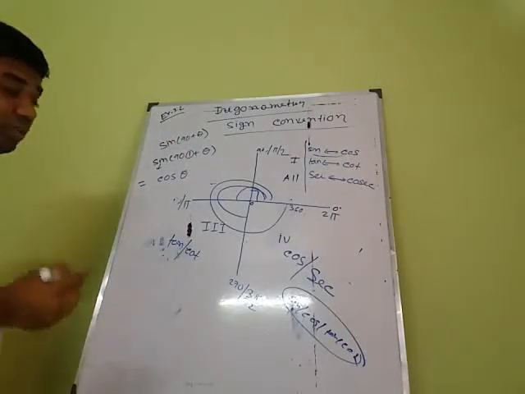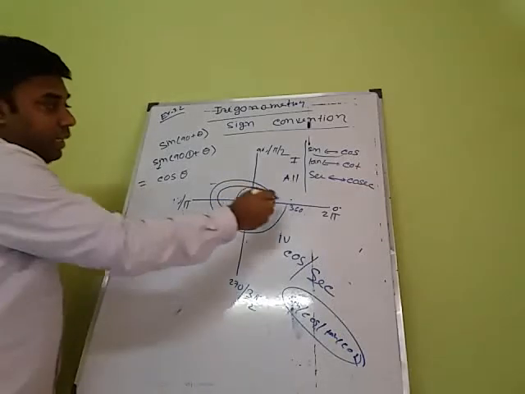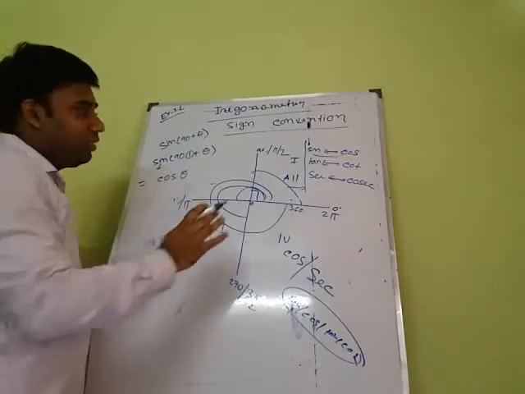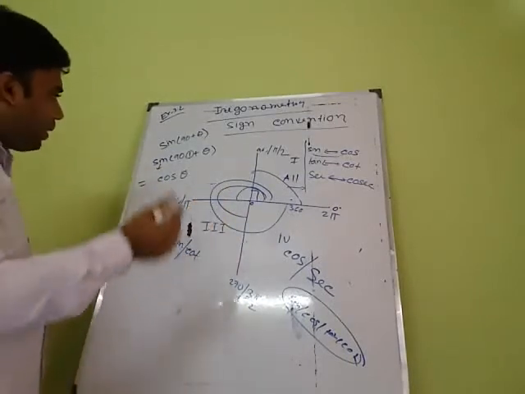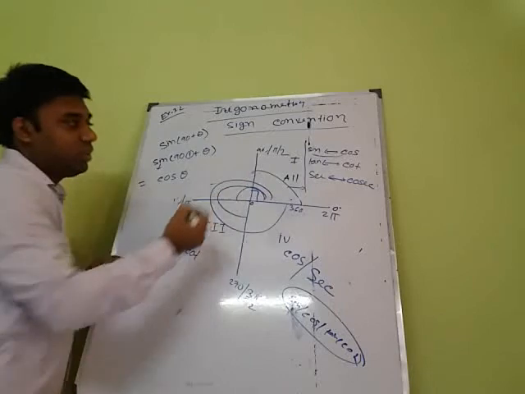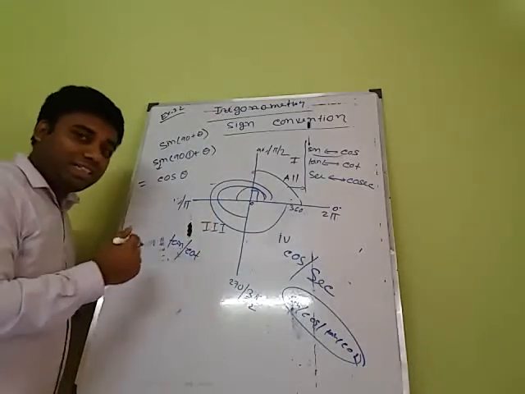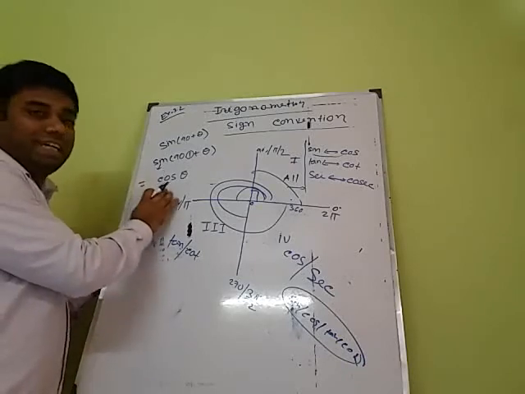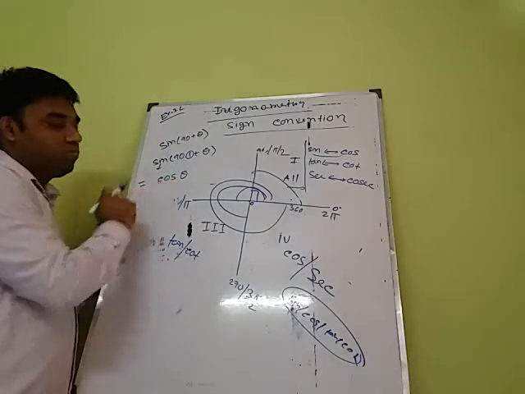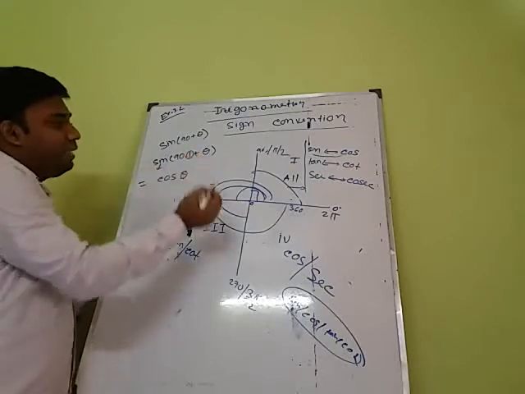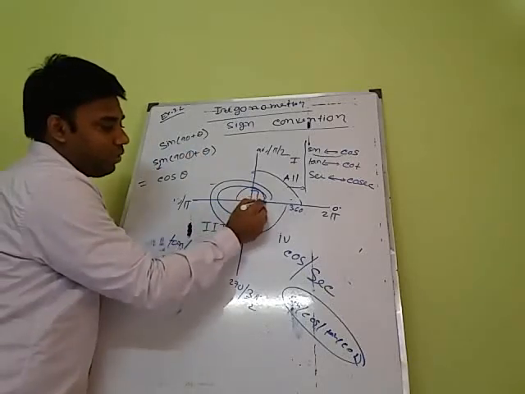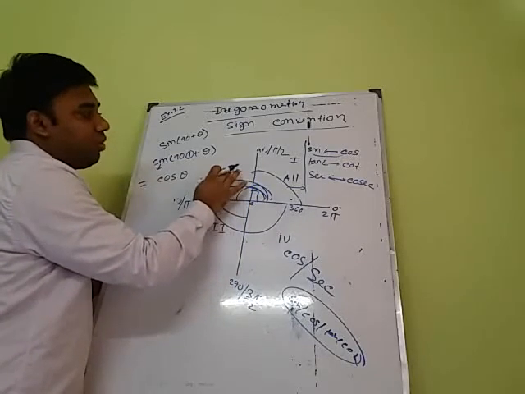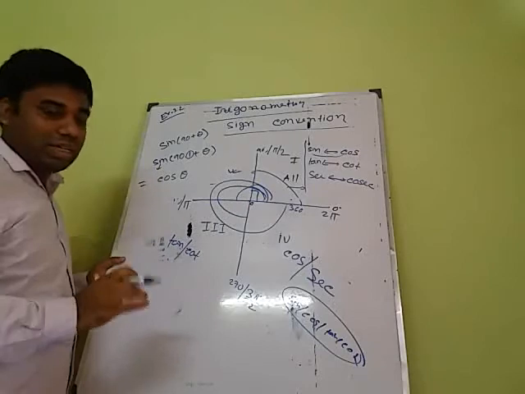Now coming to the sign. From 0 to pi by 2, that is 0 to 90 degree, all are positive, so there is nothing to worry about. But if it crosses the first quadrant, that is crosses 90 degree, then we have to pay special attention to the sign of the functions. Now 90 plus theta starts from here. Theta is an acute angle, so it must lie in the second quadrant.